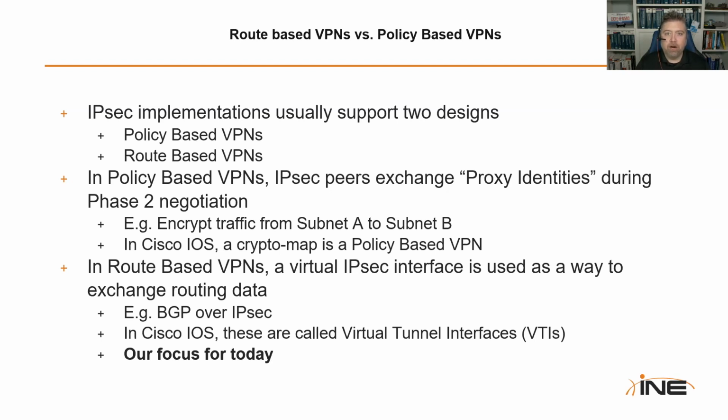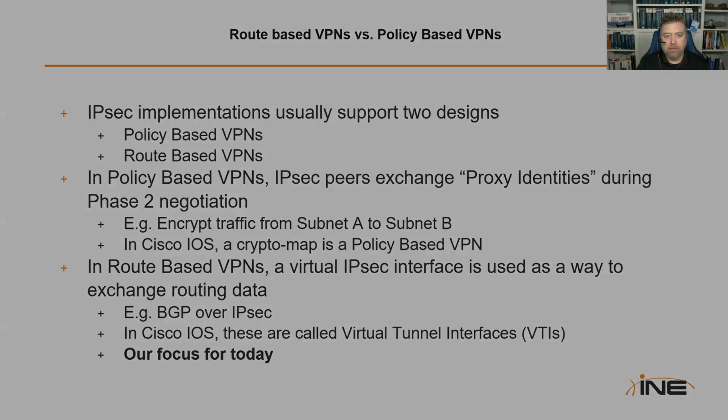Okay, so this is going to be our focus for today, where Cisco iOS calls this a virtual tunnel interface. It calls it a VTI. This is the example that I'm going to show today for two peers that are running virtual tunnel interfaces.